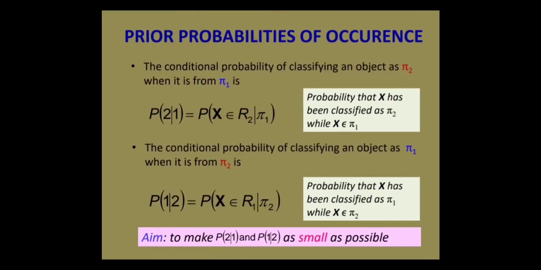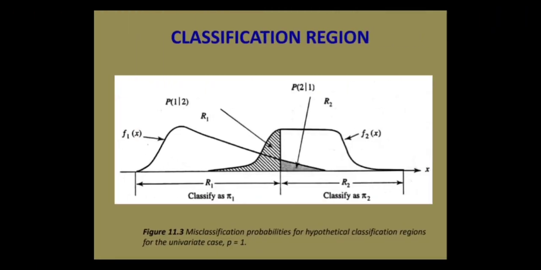Okay, the probability that X has been classified as R2, but actually it comes from f1. So actually daripada sini bila dibuat region, kita bahagikan region 1 dengan region 2, so dia termasuk dalam region 2, but actually it belongs to R1. And then this part yang diloretkan kat sini pula, ini adalah conditional probability of 1 given 2.